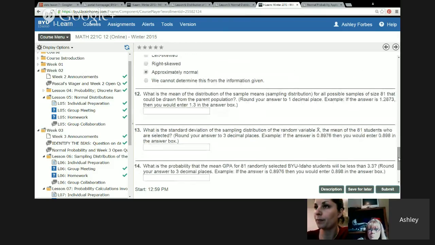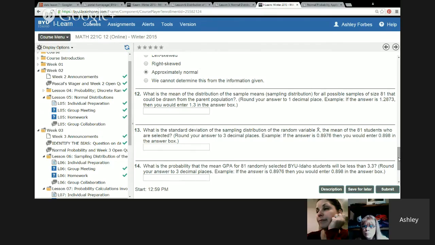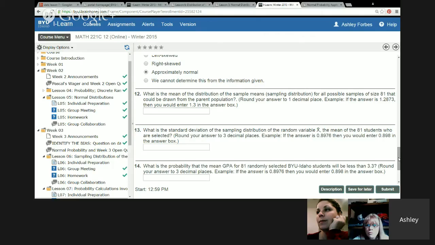Okay, what is the mean of the distribution of the sample means for all possible sample sizes of 81 that could be drawn from the apparent population? Oh, the means stay the same, right? I think so. So I'm just going to put 3.5 then.